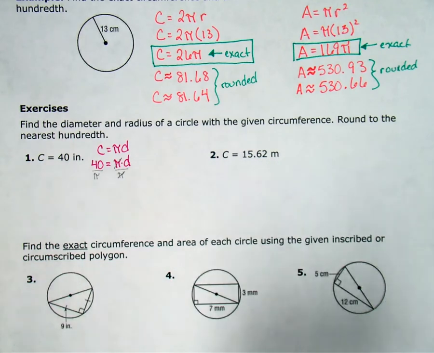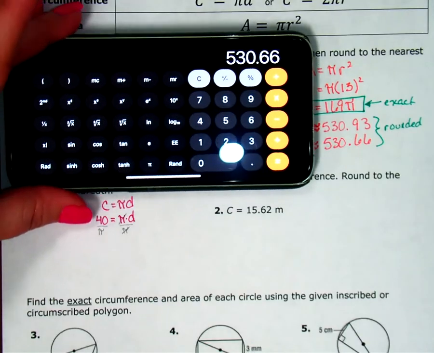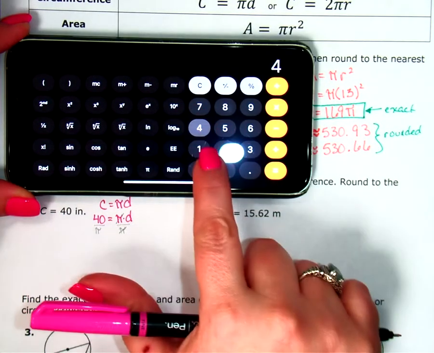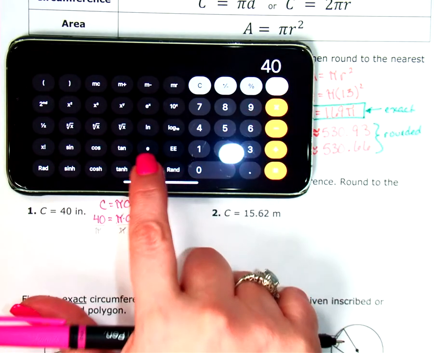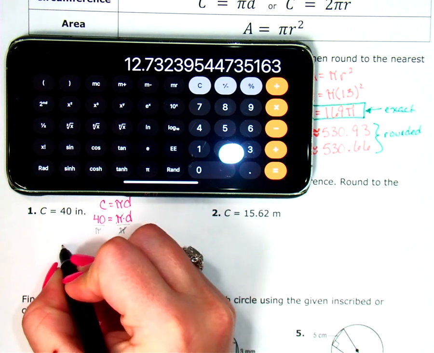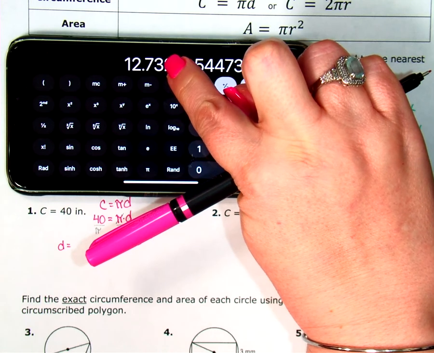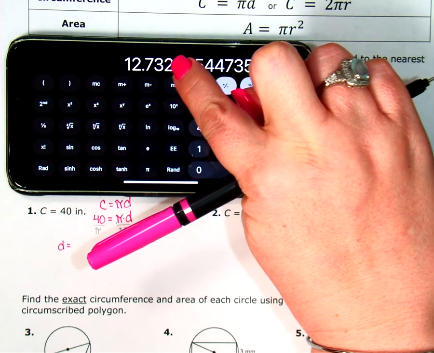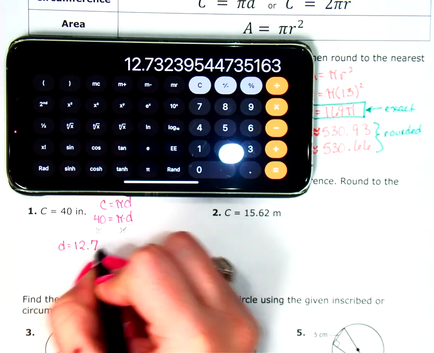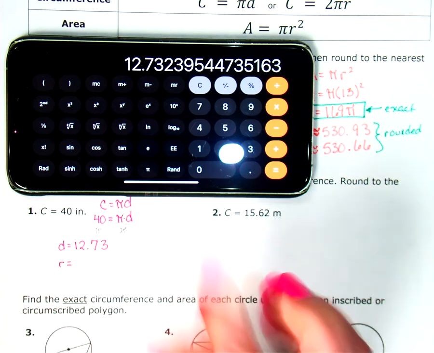Okay, when I divide both sides by pi, let me grab my calculator here. I'm going to do 40 divided by pi. So 40 divided by pi is going to give me that d equals, I'm going to round to two places, 12.73, and after the 3 is a 2, so I don't have to round it up, 12.73. So then to find my radius, I just have to divide that in half, right?